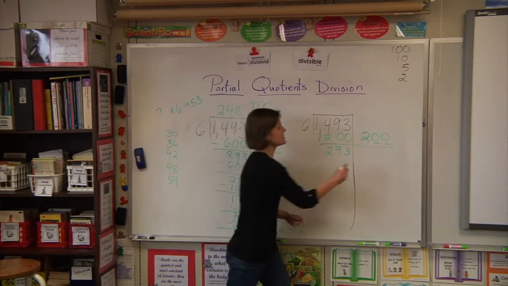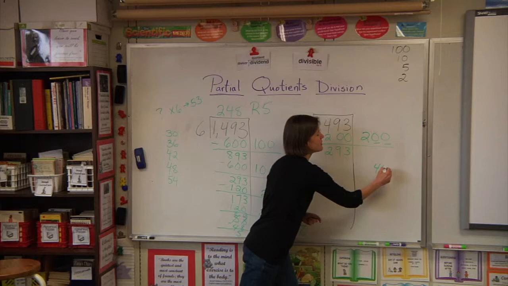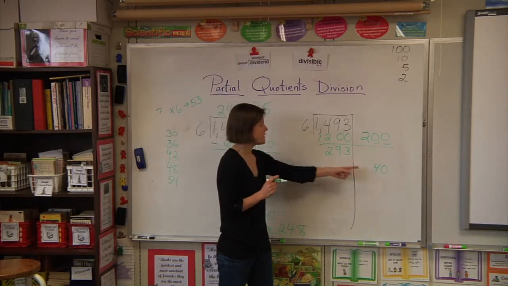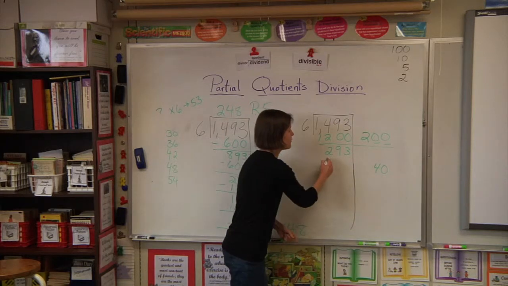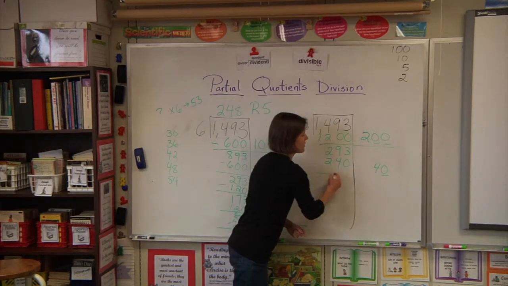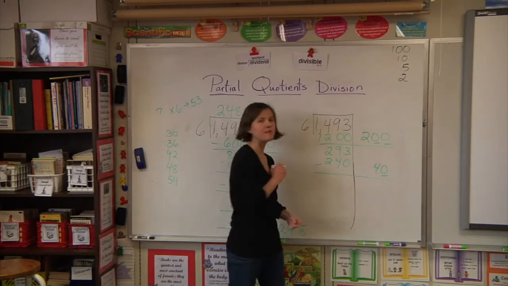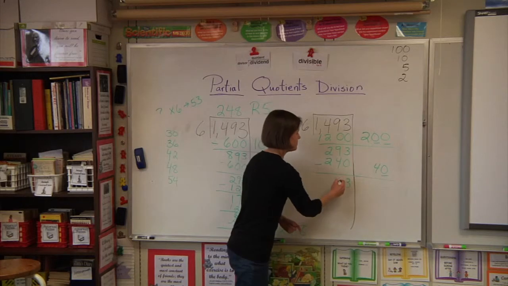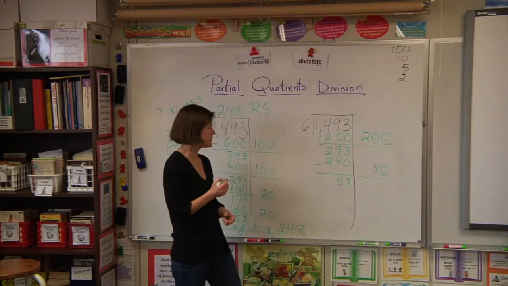So I don't want to do 6 times 4, but I could do 6 times 40. 6 times 4 is 24, and then I've got that 0. How many left over? Well, let's see. 53 left over.